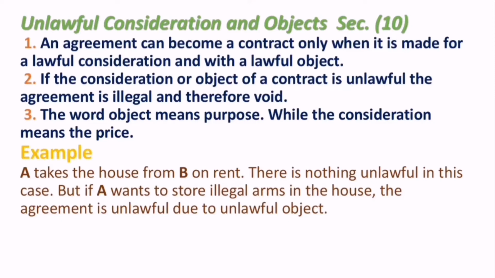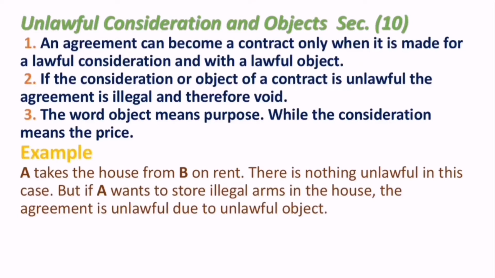To make a valid agreement, the consideration and object of that agreement should be lawful. Otherwise, that agreement will not be considered a valid agreement, and without a valid agreement, a valid contract cannot be established. So if the consideration or object of a contract is unlawful, the agreement is illegal and therefore void.